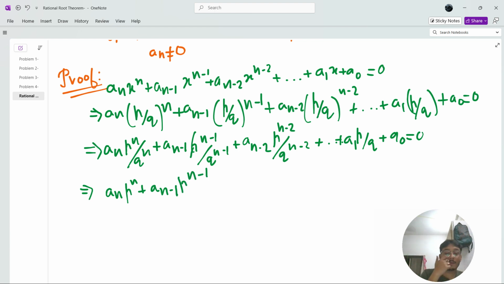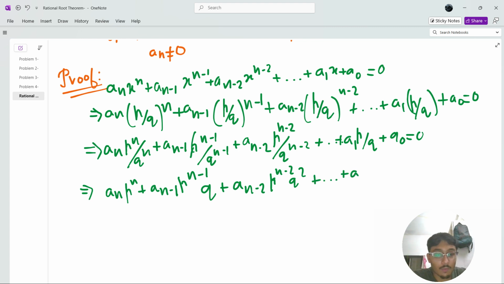Since I multiply q to the power n to all the terms, in the second term it will be q to the power n by q to the power n minus 1, which is q to the power n minus (n minus 1), which is q to the power 1, which is q. Plus a_(n-2) into p to the power n minus 2 into q squared plus ... plus a_1 into p into q to the power n minus 1 plus a_0 into q to the power n equals 0.